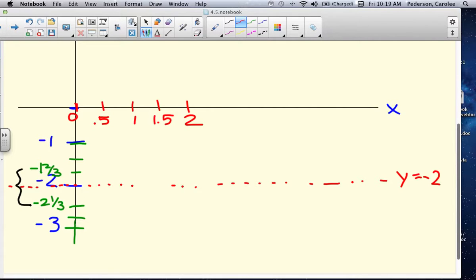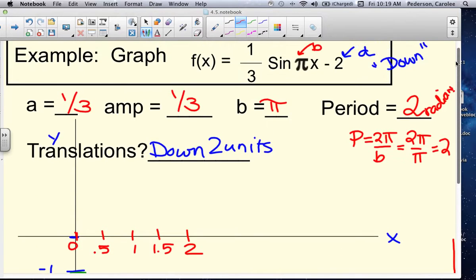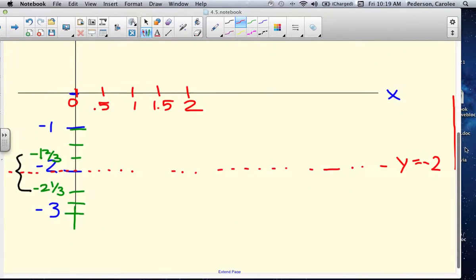Then, was there reflections going on? Was there a negative a? No negative a. So we can go right to the middle. Instead of starting at the x-axis, we're going to start at that red dotted line. And it's a sine function. So where are we going first?